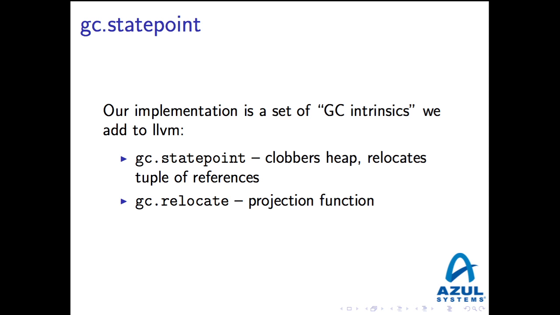And it takes a tuple of heap references and maps them to a tuple of heap references that are individually relocated versions of the tuple that was passed in. So we'll see an example. And then we have this intrinsic called gc.relocate, which is effectively a projection function, which takes the tuple returned by gc.statepoint and then maps out individual relocated values that we use later dynamically.